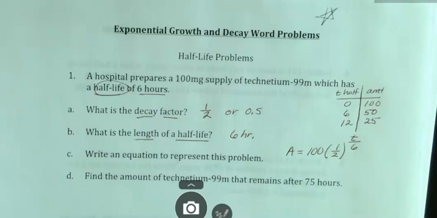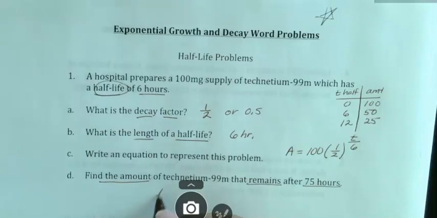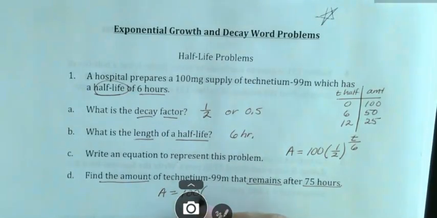So that is my formula. The next thing it wants to know is to find the amount that's going to remain after 75 hours. Okay, so in this case, I'm finding how much we have at the end of 75 hours. So 75 is my time every 6 hours.